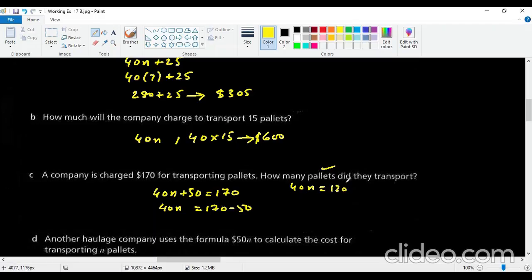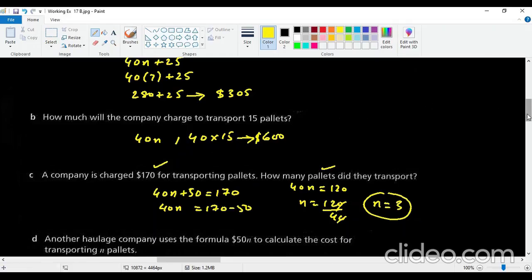Then 120 divided by 40, so 4 times 3 is 12, so 3. That means 3 is the quantity for which $170 is paid.